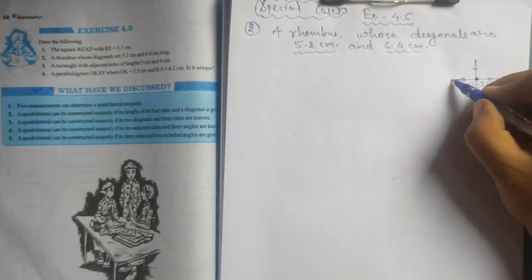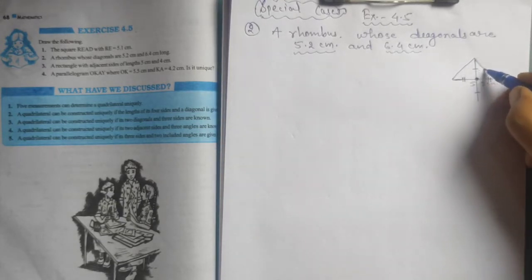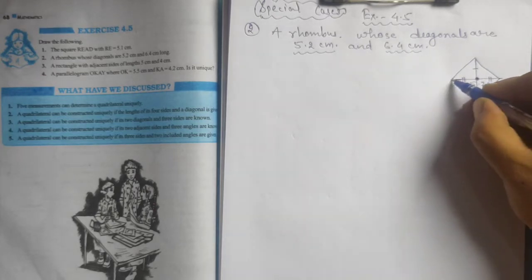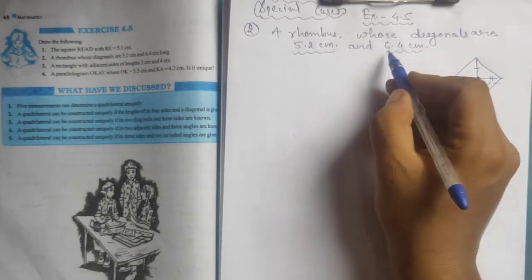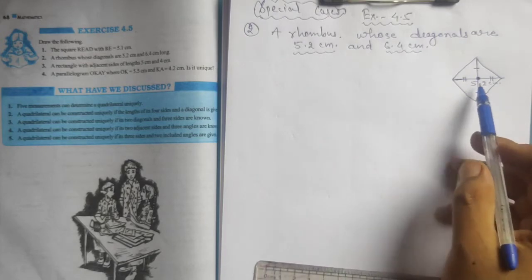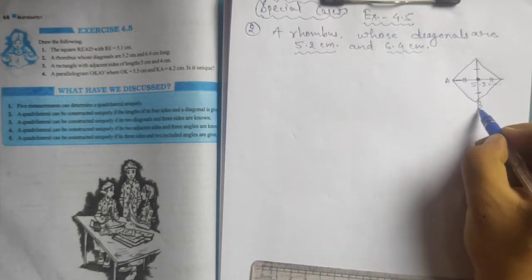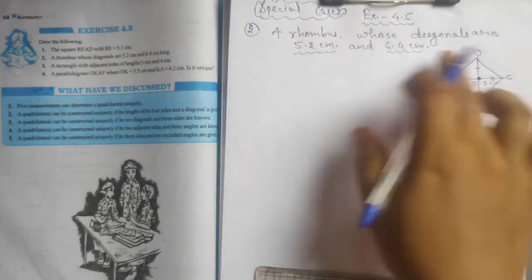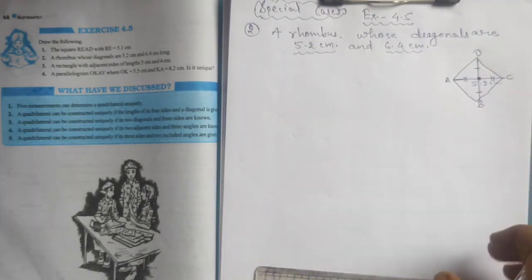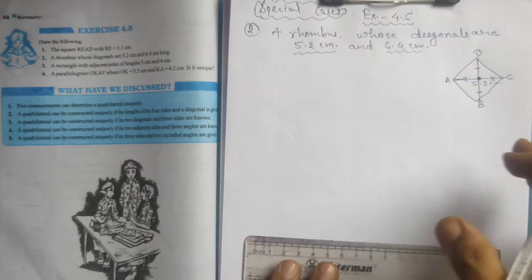So we have to make a rhombus such that it has two diagonals 5.2 centimeter and 6.4 centimeters. We take it as A, B, C, D, because there is no name given to this quadrilateral or rhombus.